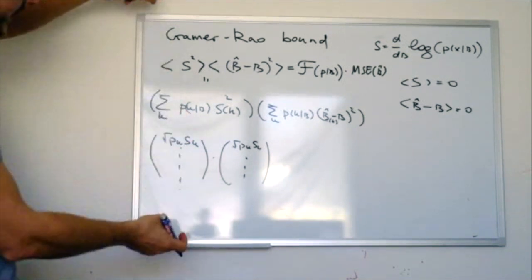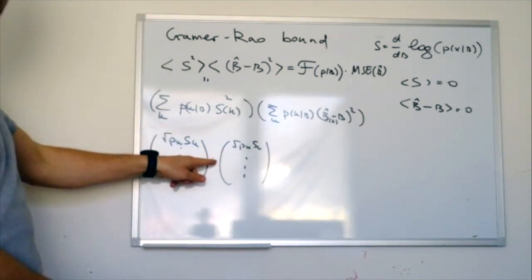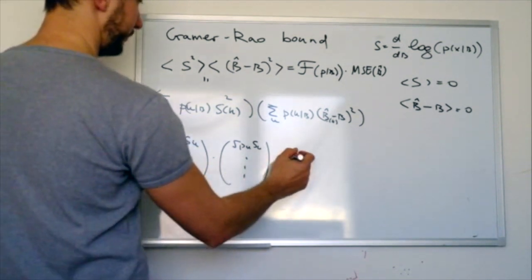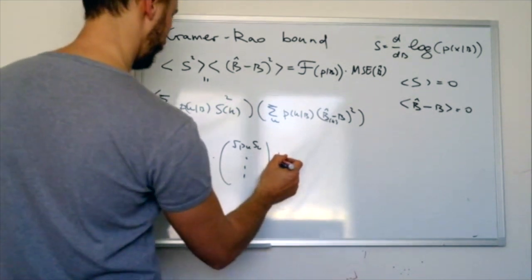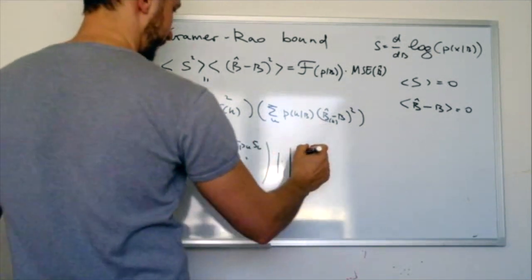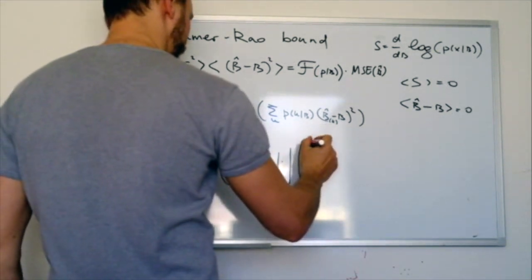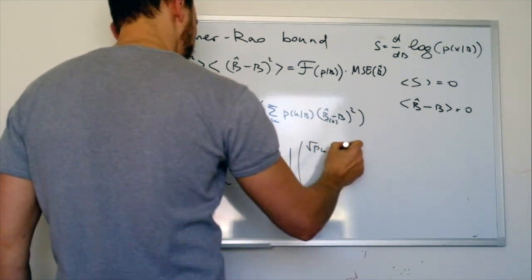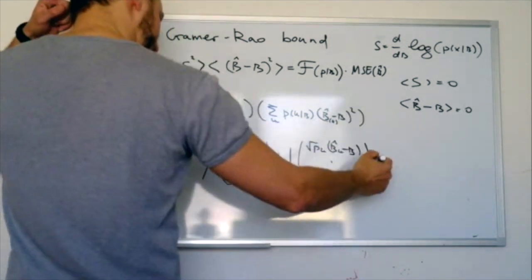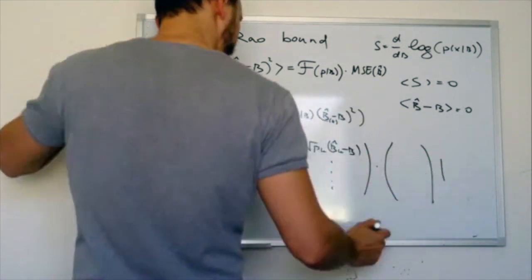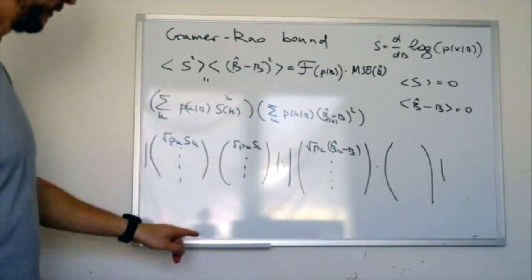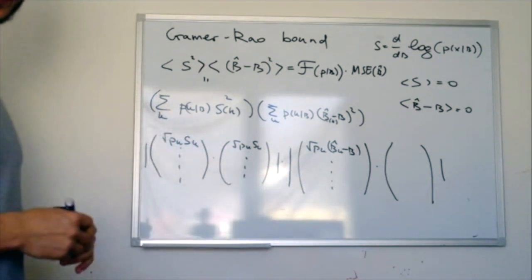So we take just an n-dimensional vector with these elements. We see that the scalar product of these two vectors is precisely given by the sum, times this, which is the scalar product of the same kind of vectors defined here: square root of p_k times (b hat_k minus b). Again, an n-dimensional vector times this one. Nice. So, in other words, what we have here is just the product of the norms of two vectors.